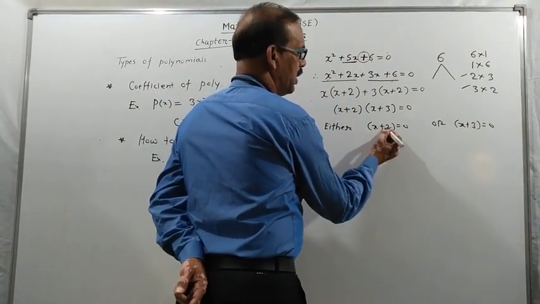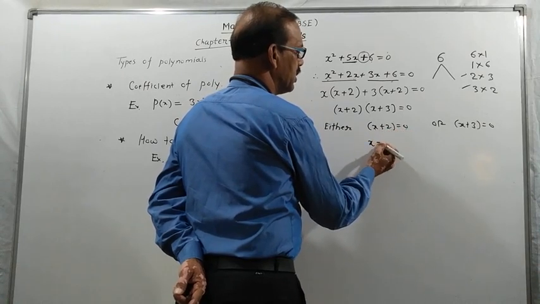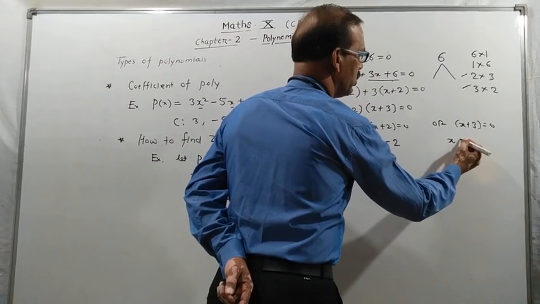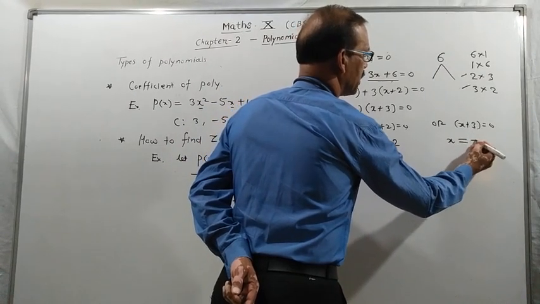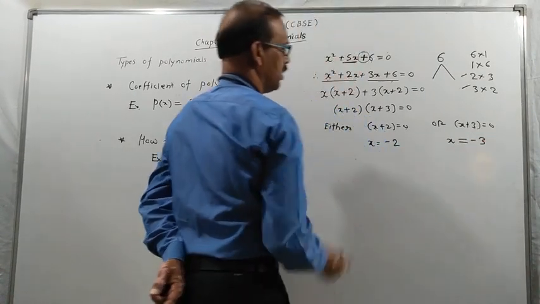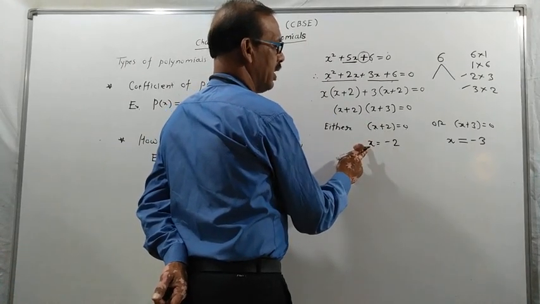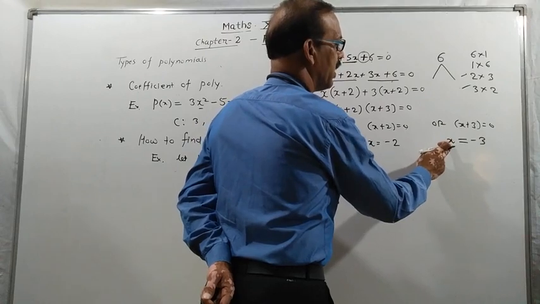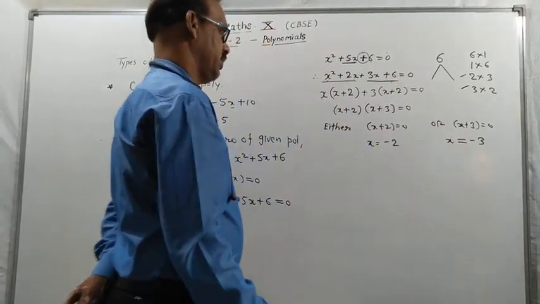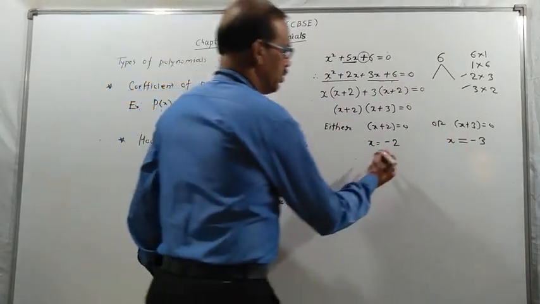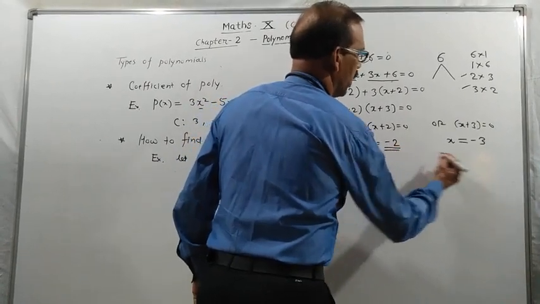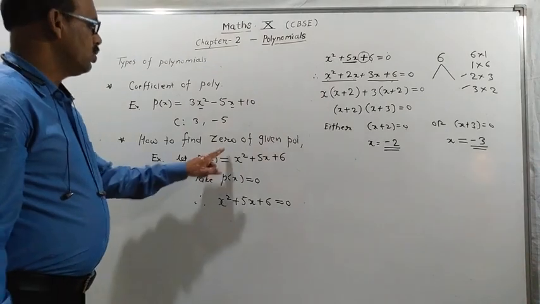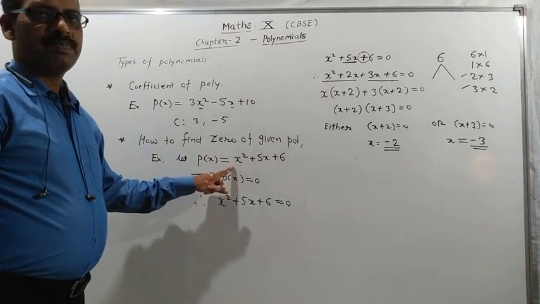If we take x plus 2 as 0, then x is equal to minus 2, and x plus 3 equal to 0 gives the value of x as minus 3. So these two values, minus 2 and minus 3, are called the zeros of the given polynomial.